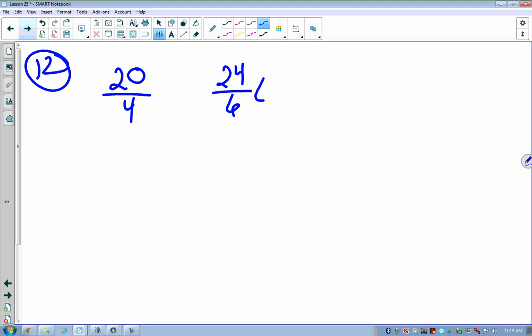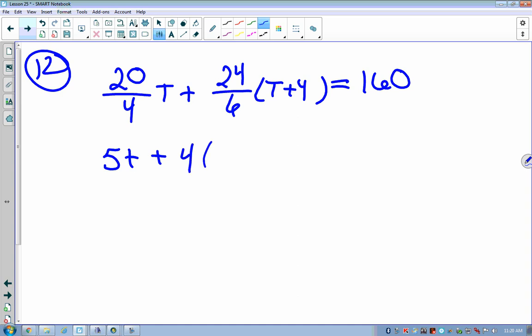So what am I putting here? T plus 4. What am I putting over here? T. Okay? How many levers are we going to make? 160. And we want to know how long it's going to take them working together to get through the 160. All right, 20 divided by 4 is 5t. 24 divided by 6 is 4 times t plus 4 equals 160.